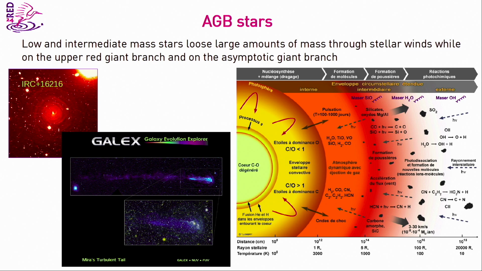So these AGB stars are very important because you have a continuum between nuclear physics here, then matter being brought by the dredge-up to the surface, and this matter being lost to the interstellar medium, where you have enough seeds to build complex molecules.